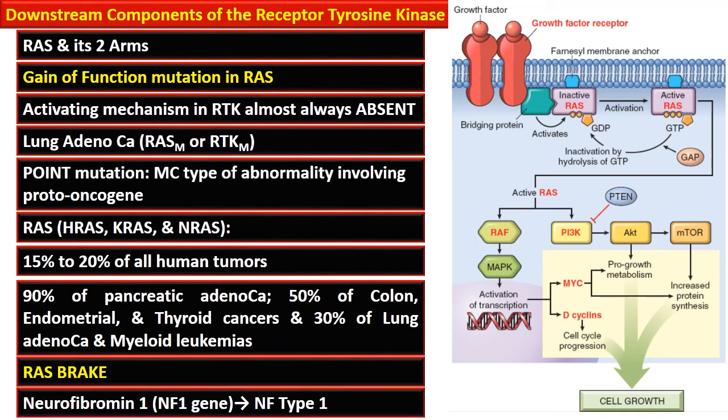If there is this loss of function mutation, this GAP protein that is inhibiting the activated RAS is lost, so there will be persistent activation. So this inactivation of the GTPase activating protein will lead to the permanent activation.